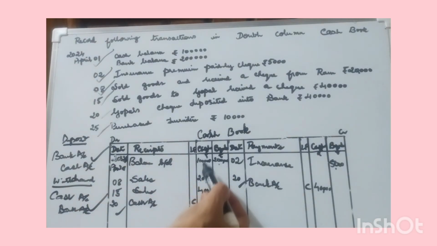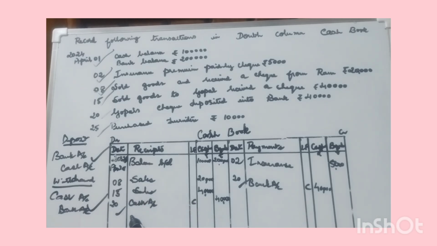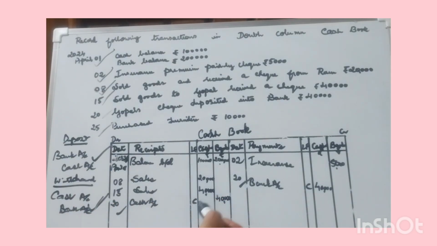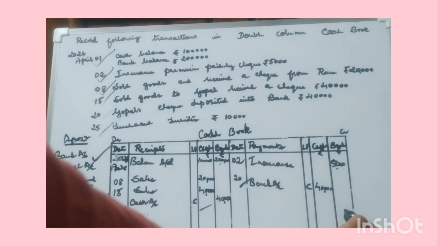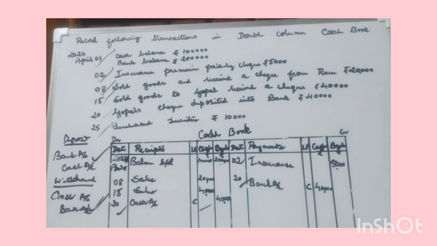So cash column must be debited with amount, and under receipt side it has to be recorded as bank account. Again, credit side, under bank column it must be credited with cash account. In that way, when the withdrawal is made from the bank, it must be considered as contra entry.